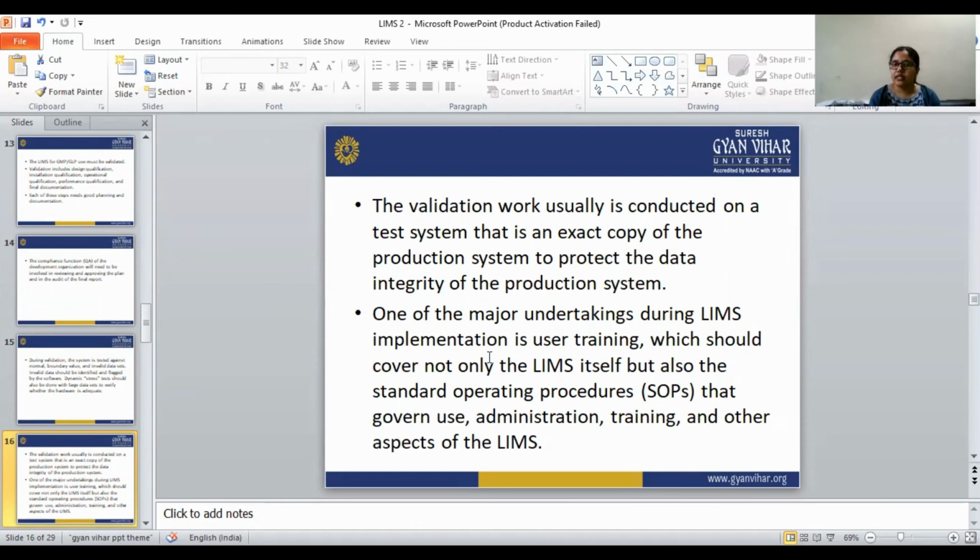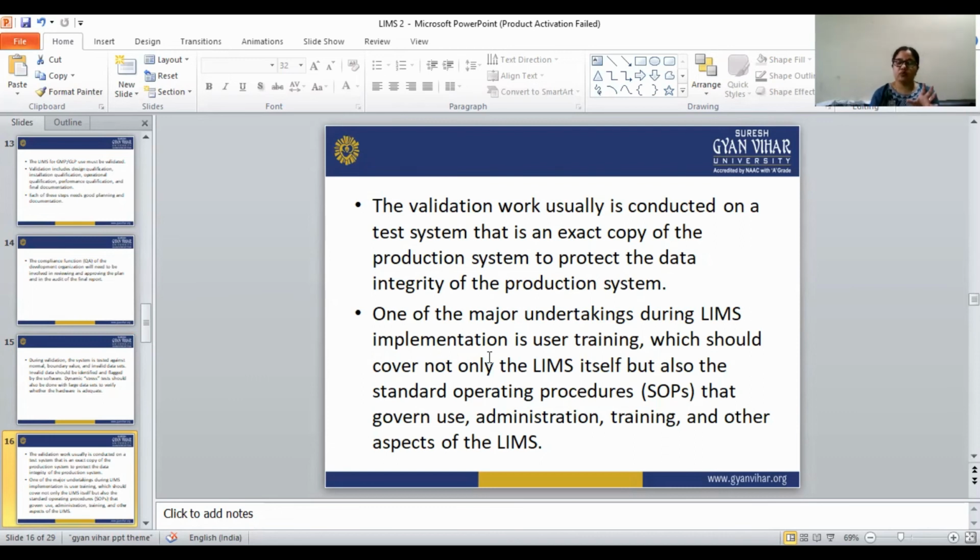One of the major undertakings during LIMS implementation is user training. I have already said that the user must be trained while handling the LIMS. Without the training, we can't handle the LIMS. The training should cover not only the LIMS itself, but also the standard operating procedures that govern use, administration, training, and other aspects of the LIMS.